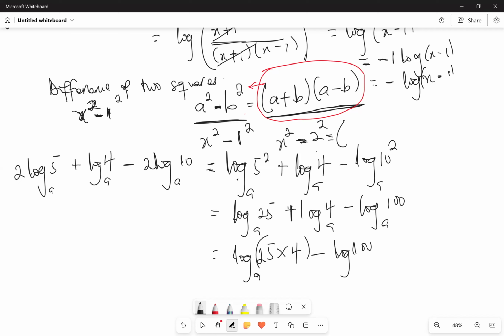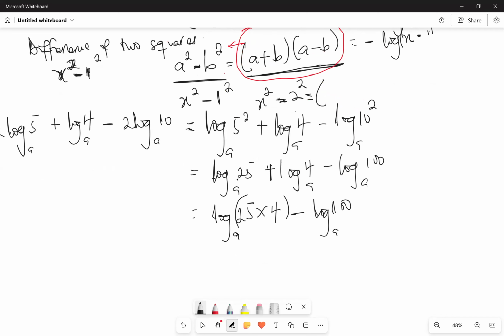If it was me, I'd do it together, but you can choose to do it in bits. So I'll have log 25 times 4, I think it's 100, base E minus log 100 what? Base E.